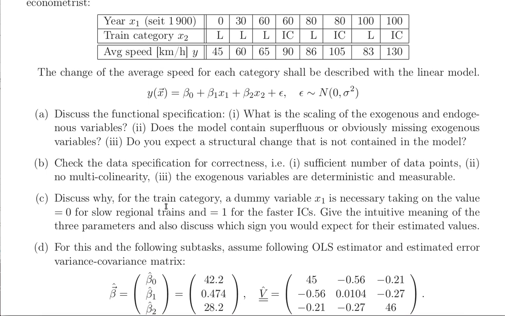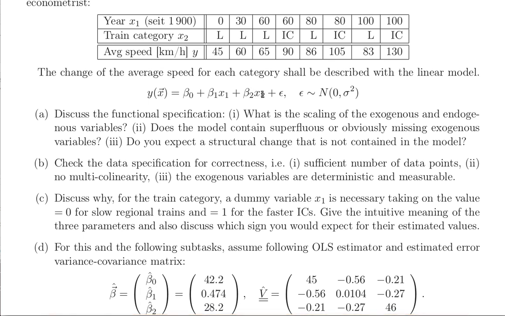Now to the next variable, beta 1, that is the increase with time. So obviously beta 1 has the meaning of the increase in kilometers per hour per year of the expected speed. So it should have a small positive value, and in fact it has. So it's nearly half a kilometer per hour per year that trains became faster in the last century, from 1900 to 2000. The last is the parameter for the dummy.